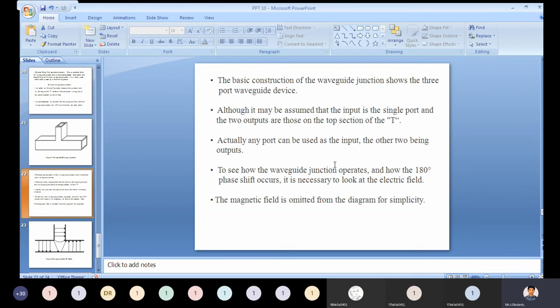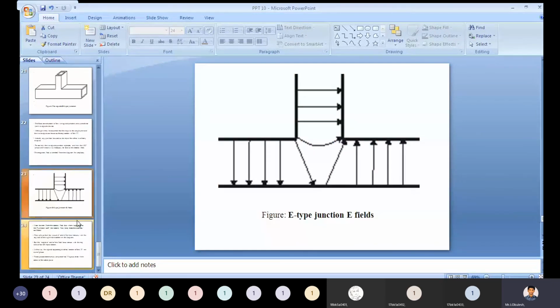To see how the waveguide junction operates in the laboratory and how the 180 degrees phase shift occurs in the T, it is necessary to look at the electric field. The magnetic field is omitted from the diagram for simplicity.